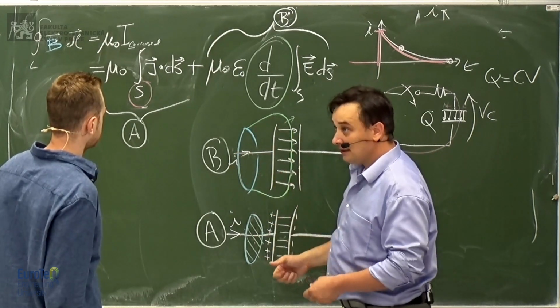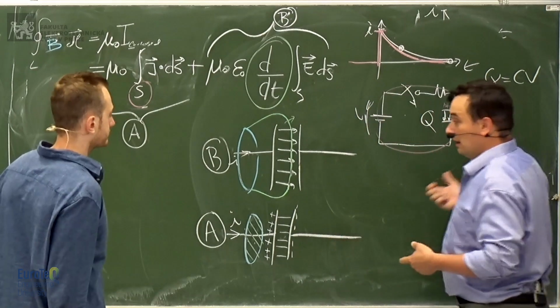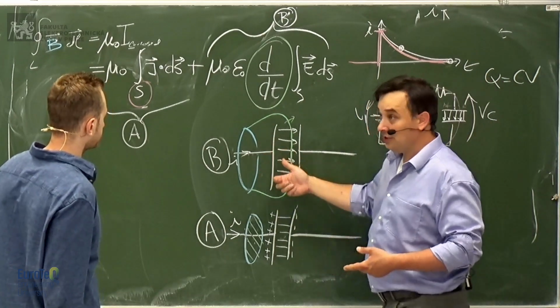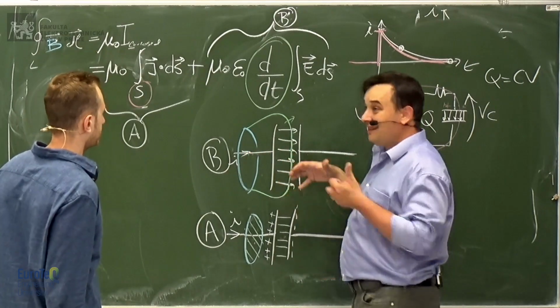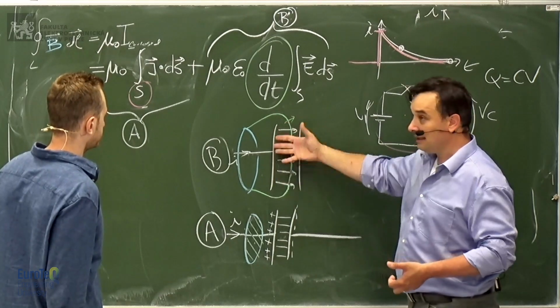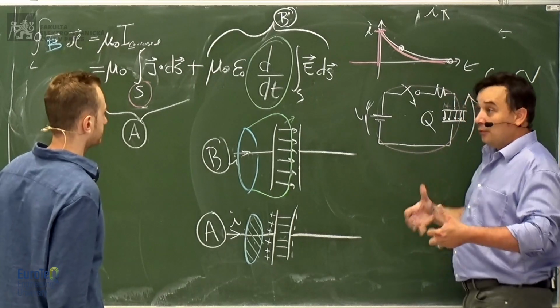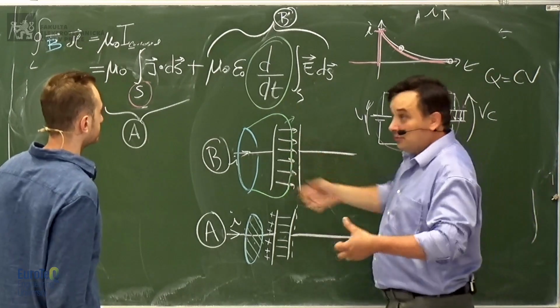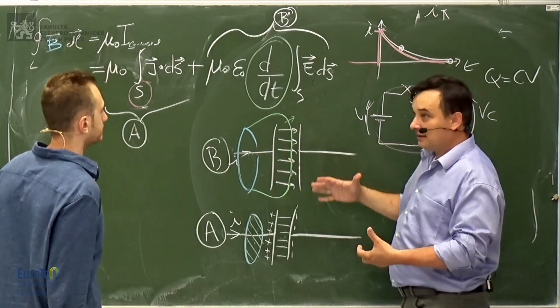It is a current which changes, because you have a capacitor. If the current changes, the charges are going somewhere to build up an electric field, to store charge inside the capacitor, so it creates an electric field which changes, because the current is changing, pumping up charges to increase the electric field.